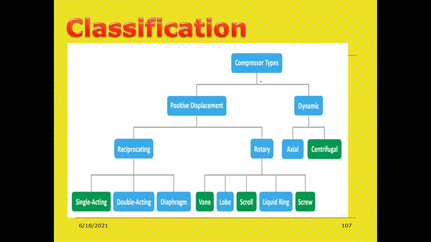Coming to the compressor types, we have dynamic compressors and positive displacement compressors. Coming to the dynamic compressors, we have 2 types: one is the centrifugal type of compressors, the other is the axial flow type of compressors. Next, coming to positive displacement, we again have 2 types: reciprocating type and rotary type, right?